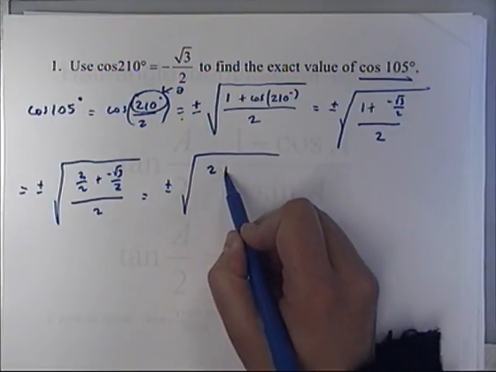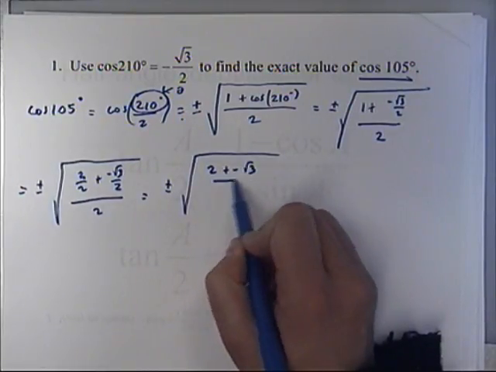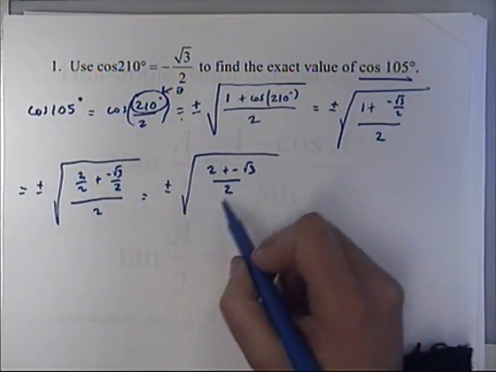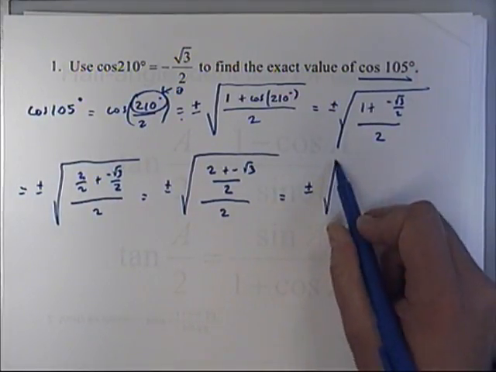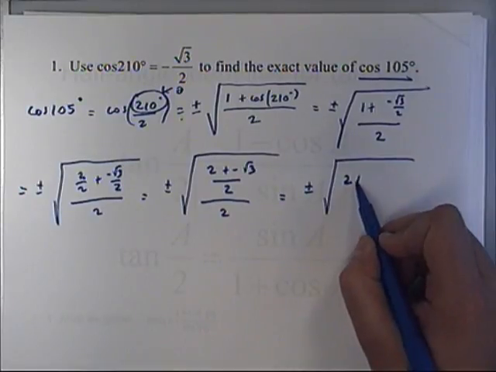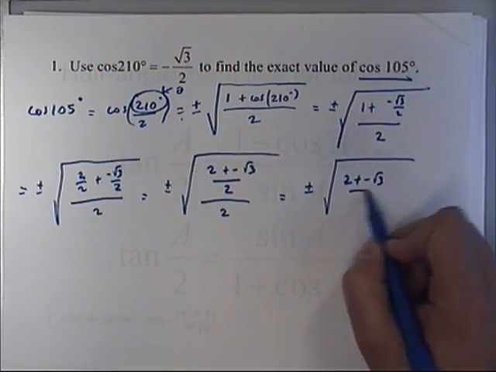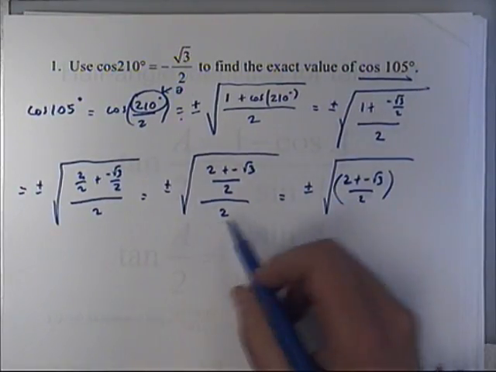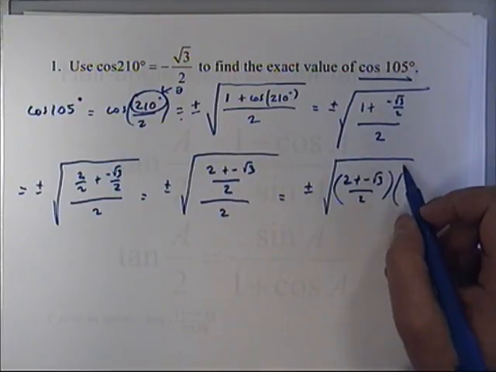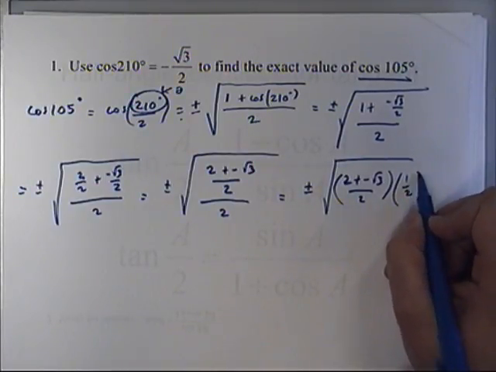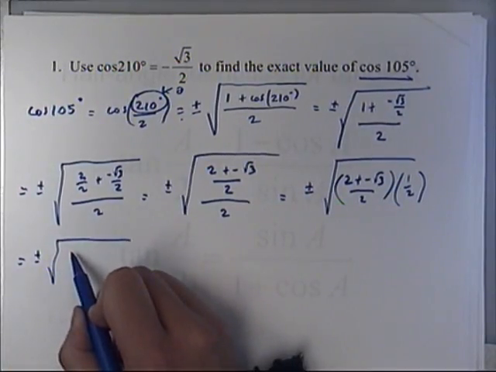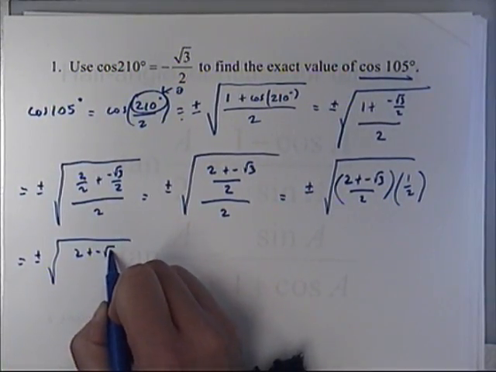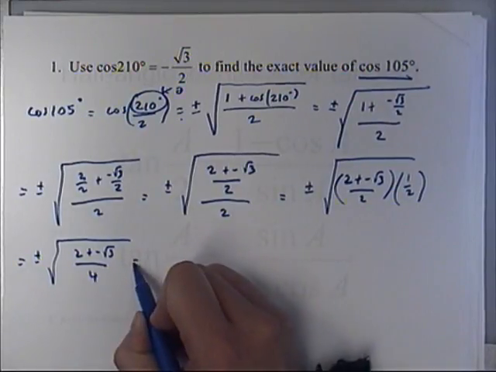So I get 2 plus negative root 3 over 2, if I add those two fractions together on the top. And then if I divide by 2, basically that's the same as multiplying by the reciprocal. So my first fraction is this, and then if I multiply by the reciprocal of 2, that would be 1/2. So I get plus or minus the square root of 2 plus negative root 3 all over 4.